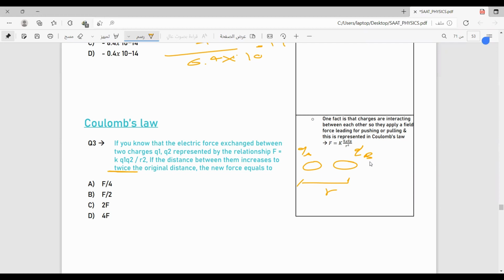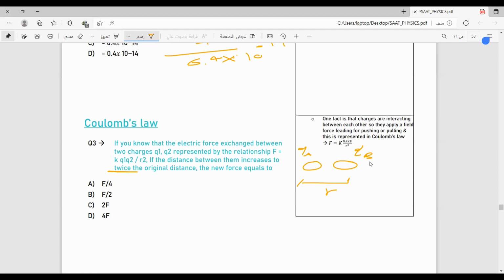So if we take this law, we focus only on R and F, because the change occurs in R. We want to see what the effect on the force is if we change R. For this reason, we will not include the other parameters, K, QA and QB, to make it very simple.